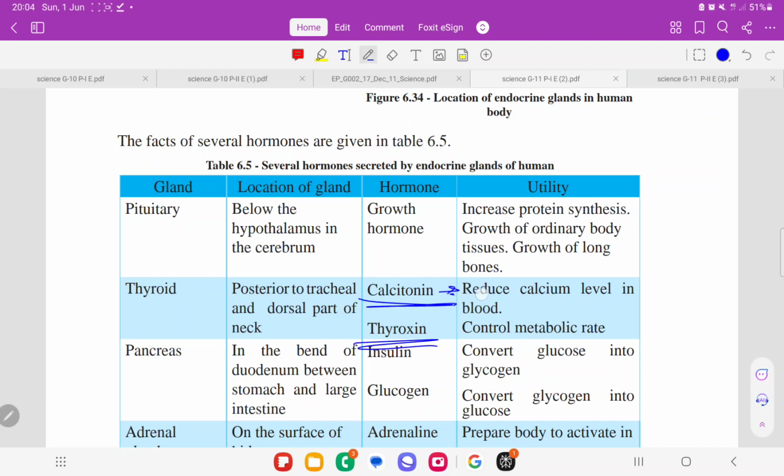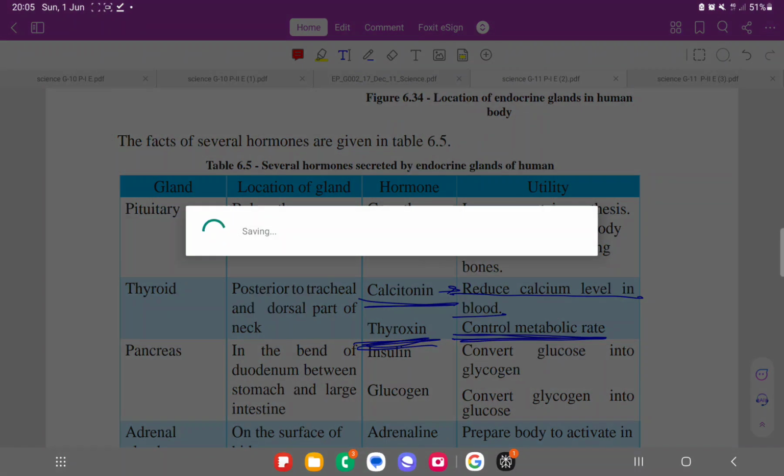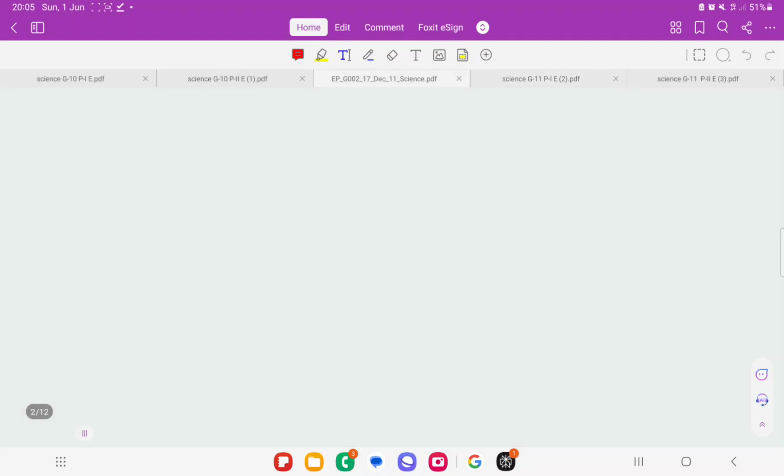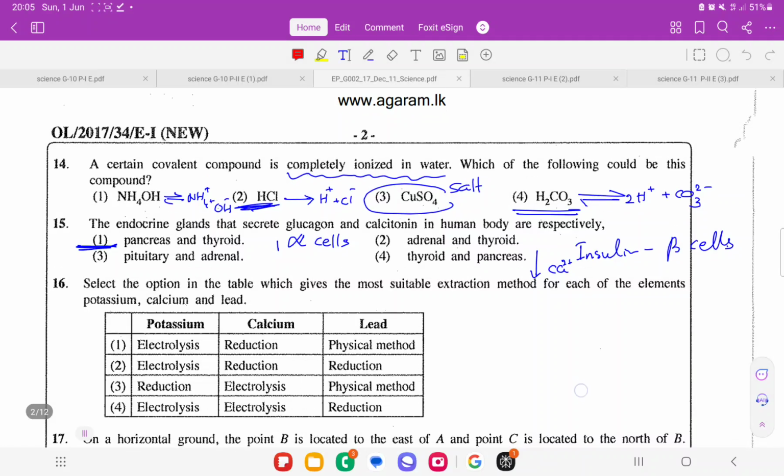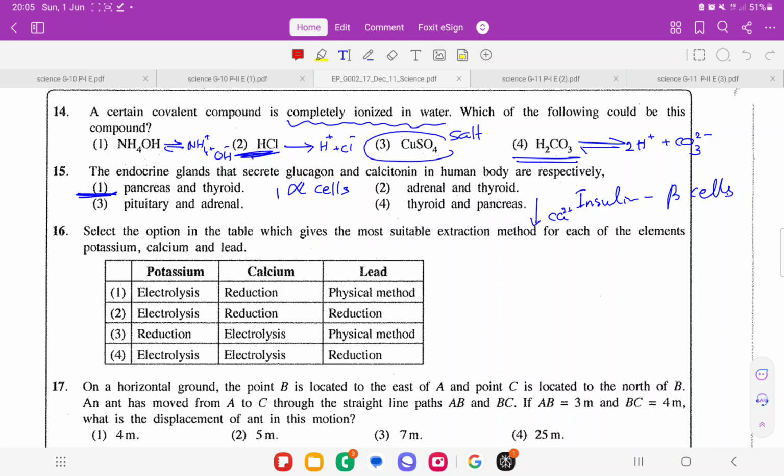Calcitonin, what is the function? Reduce calcium level in blood. Thyroxine controls metabolic rate, right? Calcitonin and thyroxine. Okay, so that is question number 15, right? So we'll discuss from 16 then.